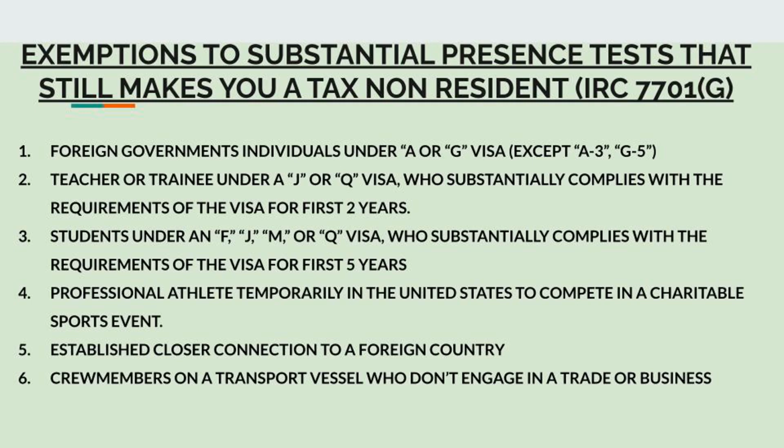The other scenario is if you're a crew member on a transport vessel who doesn't engage in a trade or business. So if you happen to just be on a transport vessel, or you're basically like an air hostess, and you simply visit the United States for the work matter of just transportation, then you're not considered a resident even if you satisfy the substantial presence test.